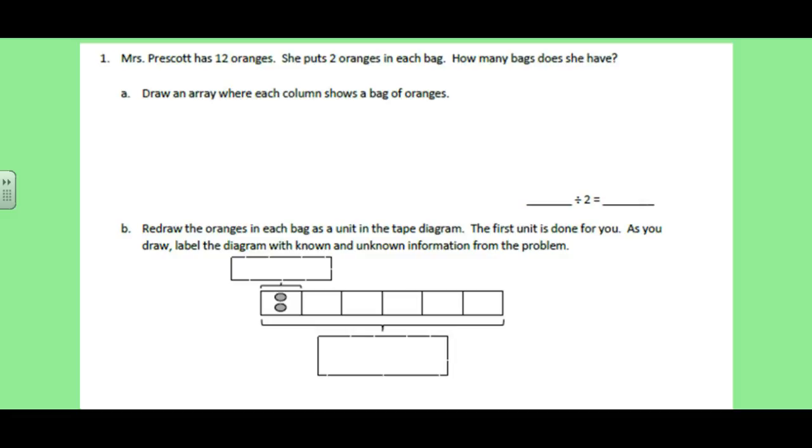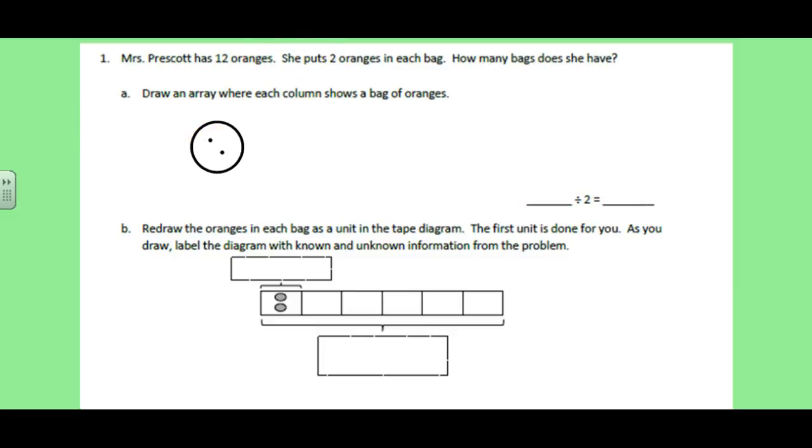So the way this is going to work is we're going to draw a circle, and we're going to put 2 dots in our circle, and then we're going to keep adding a circle and putting 2 dots in that circle until we have 12 dots total. So it's like we're skip counting by 2s. So we've got one circle with 2 dots. Now we're going to draw another circle, and I'm going to try to copy mine.